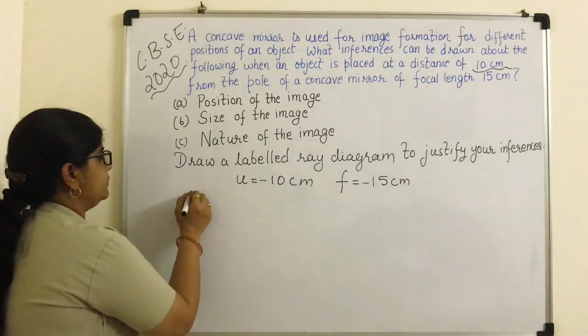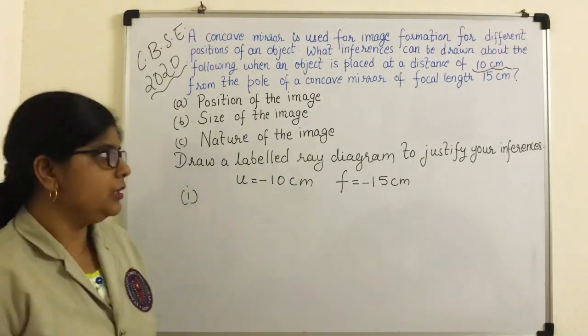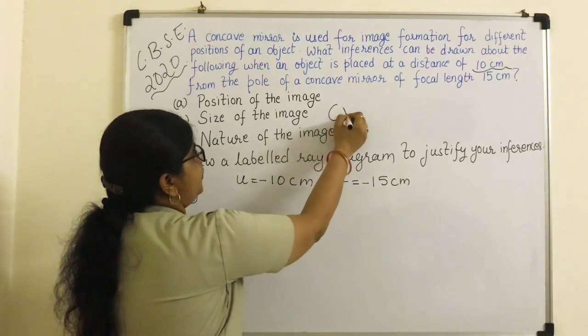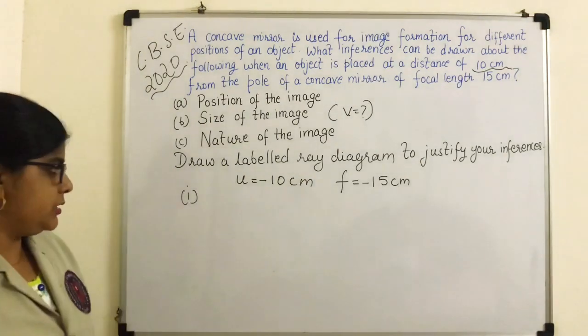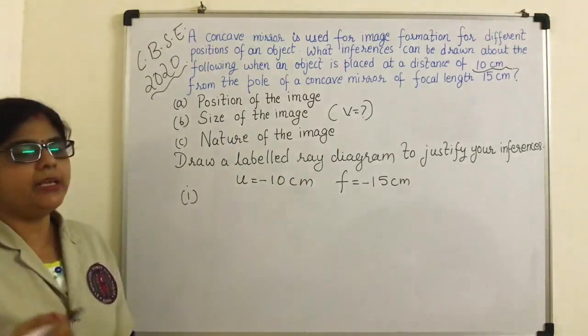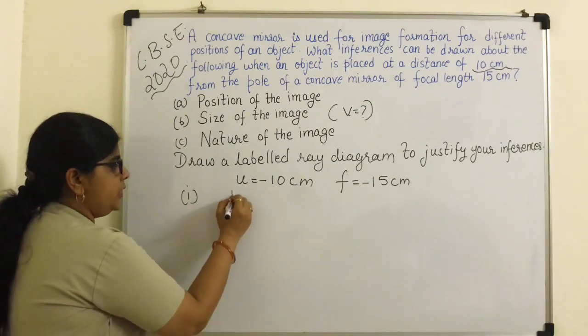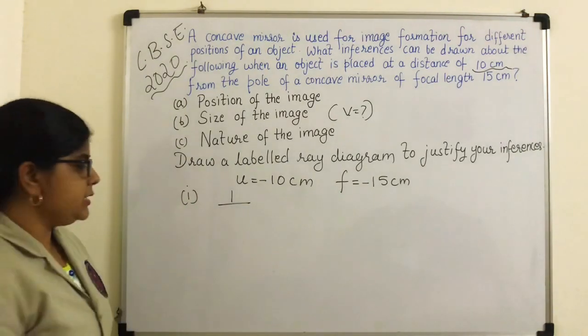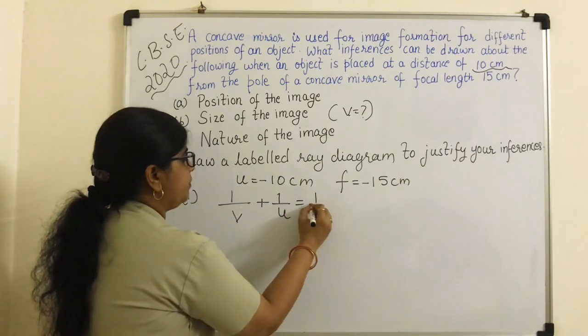Now first part, position of the image. What do you mean by position? We need to find the image distance, right? So how can I find the image distance? For image distance, we need the mirror formula. So what is mirror formula? Mirror formula is 1 by v plus 1 by u is 1 by f.